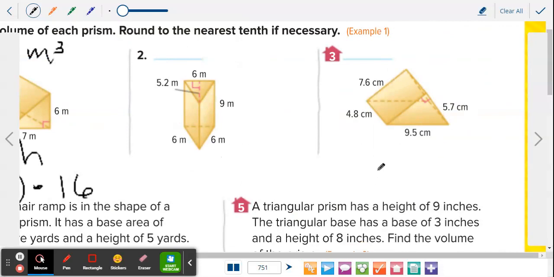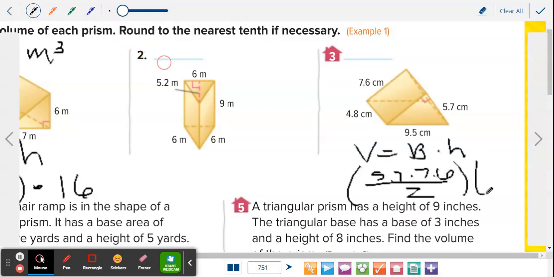Okay, so number 3 down here. So area of the base times the height of the prism. So let's start with the triangle again. What's the base of the triangle? Base of the triangle. Remember, look for that pink square. 5.7. Times, what's the height of the triangle? 7.6.